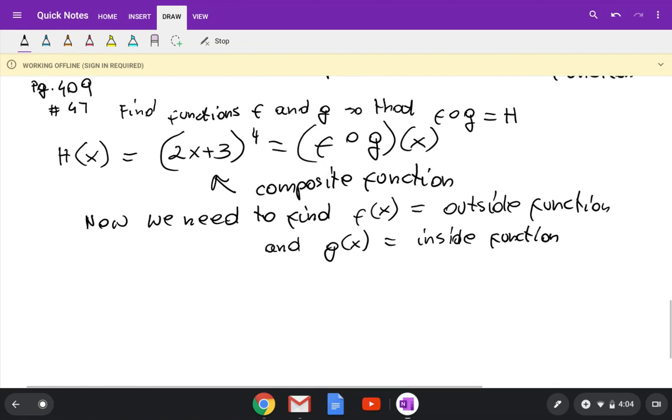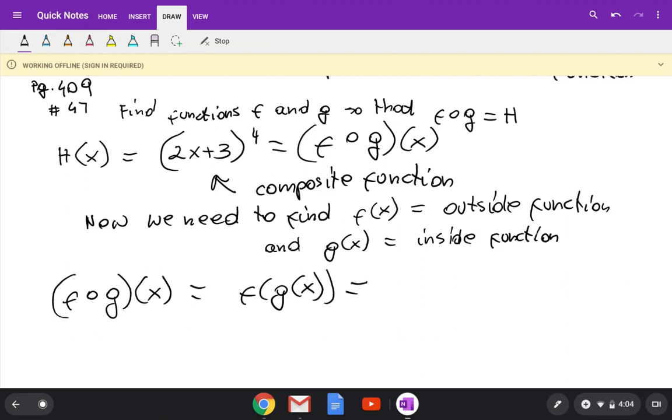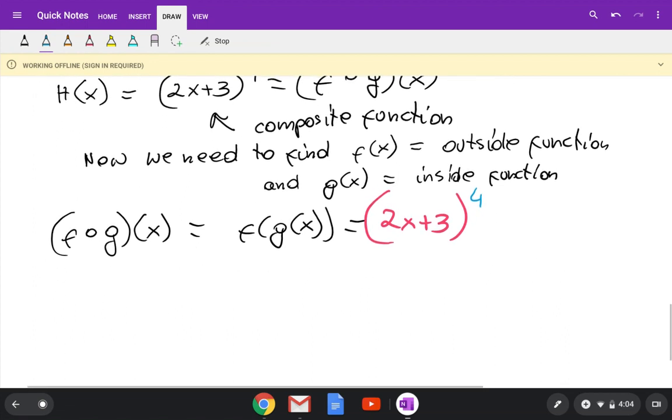Okay, so f composed with g of x is the same as f of g of x, and our composition has the equation of 2x plus 3 to the 4th power. Okay, so how are you going to do it? I'm suggesting that you actually start with finding the equation of the inside function.